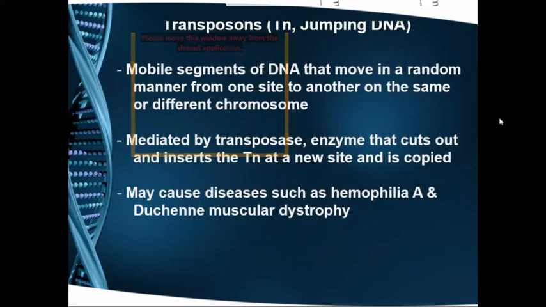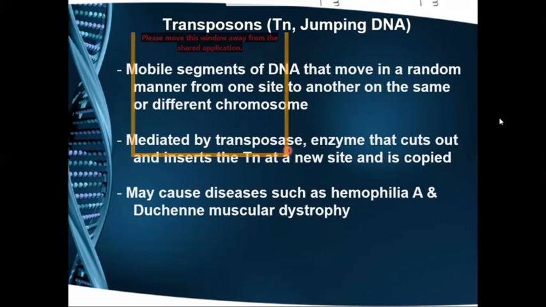And then transposons, which we call jumping DNA. So what are transposons? They are mobile segments of DNA that move in a random manner from one site to another on the same or different chromosome. And this is mediated or catalyzed by transposase.